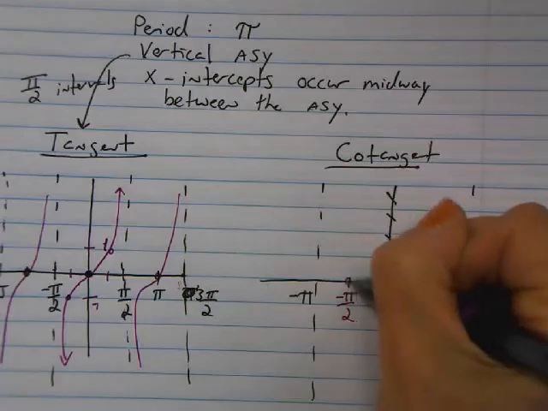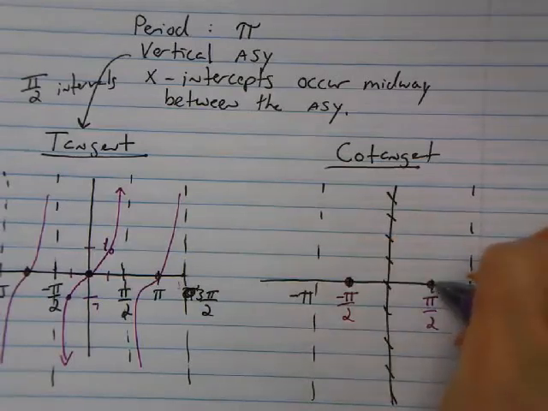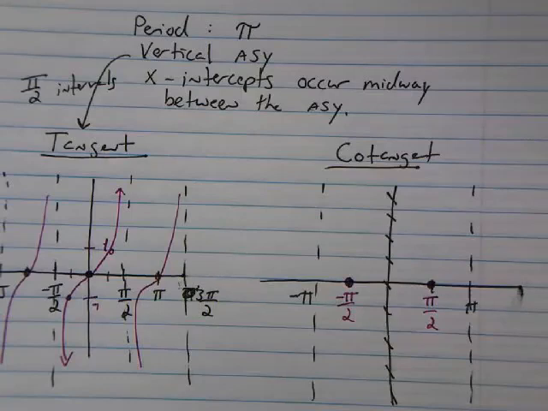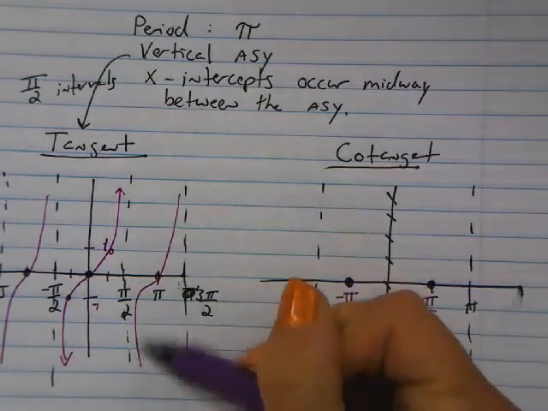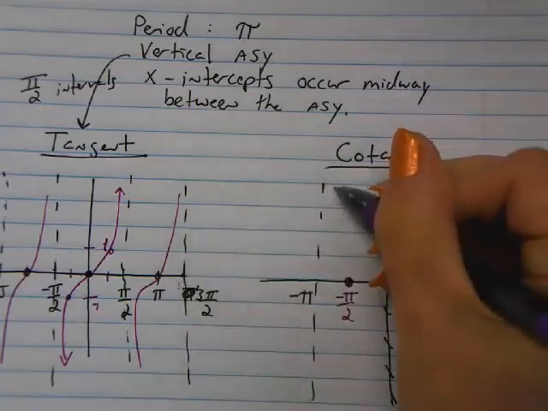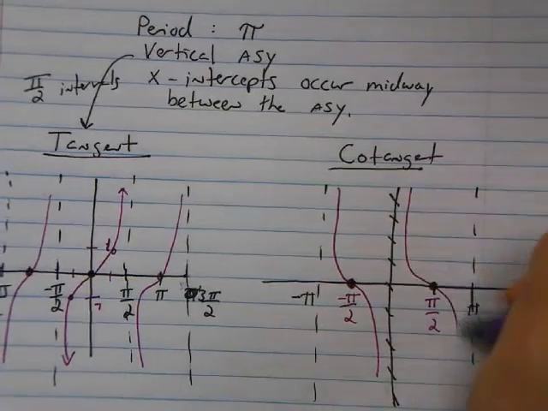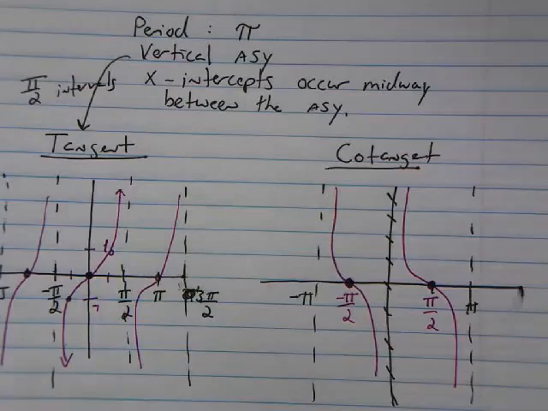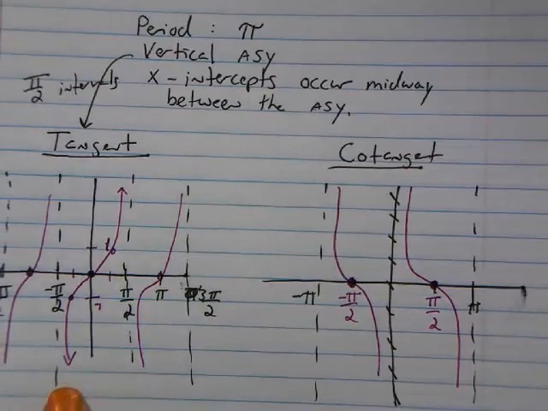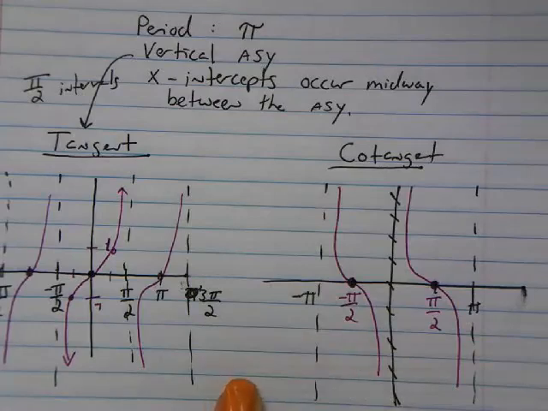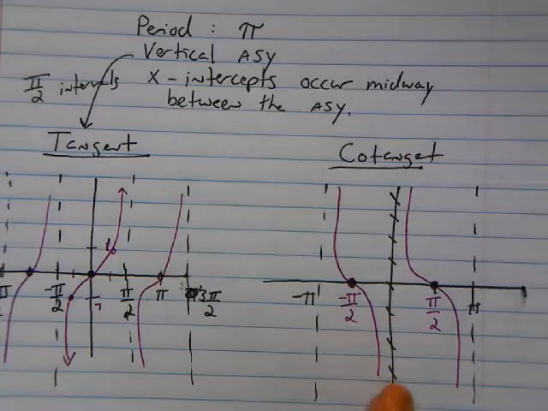Again, those are its x-intercepts. Now, where tangent starts low and goes high, cotangent starts high and goes low. And also where your asymptote sits: here they're at pi over 2 and negative pi over 2, here they're at 0 and pi.